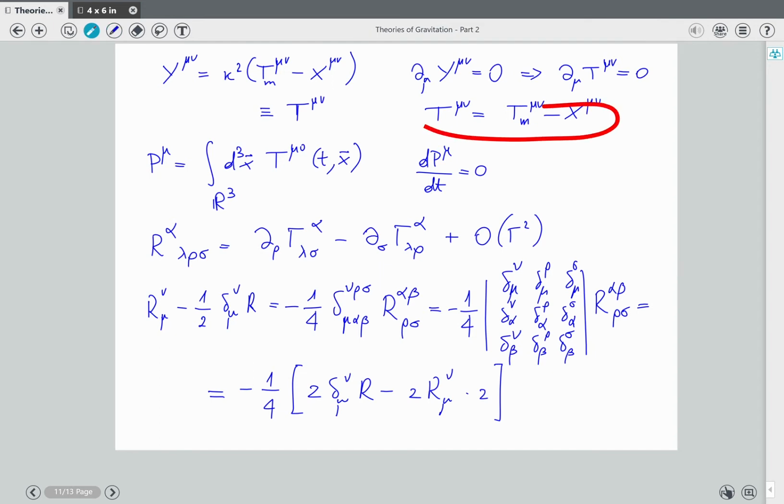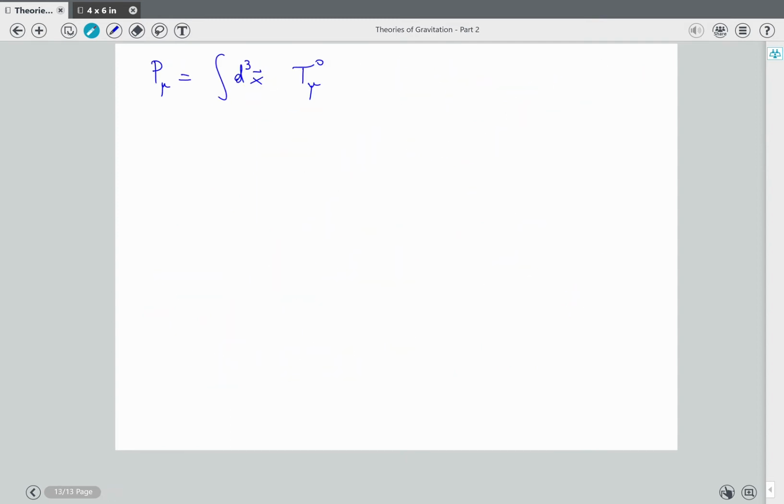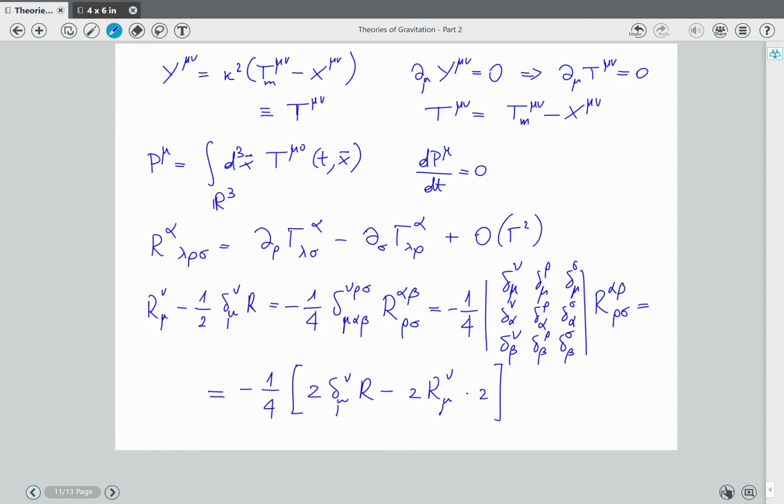That is to say, it's the right-hand side of the equations once you expand around flat space and you keep only the first order to the left-hand side. T mu 0. And that is equal to what? T mu 0 is 1 over, so it's, yes, I forgot a kappa squared here.